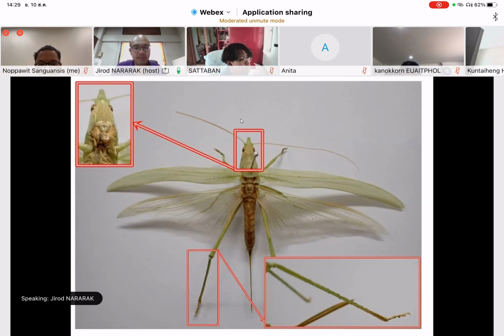Yeah, this is a problem when you study online, especially in the laboratory, because you can see only one feature of the insect. You will not see around the body. So I try to show a clearer picture, but some students still don't understand.